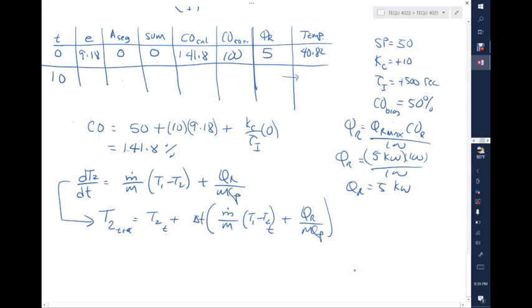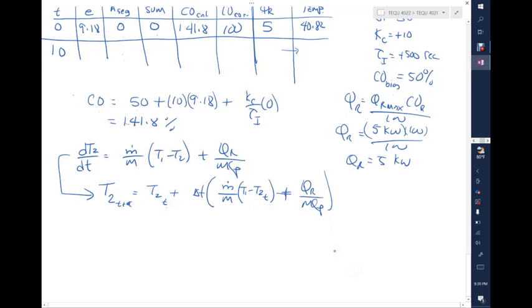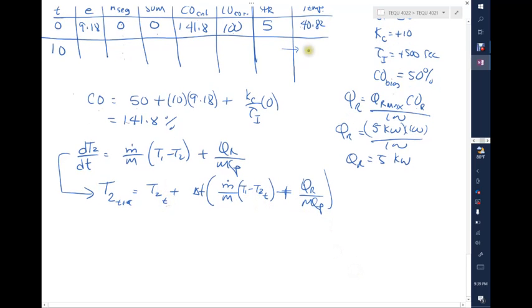All right, so let me write this better so that doesn't look that bad. So this is T1 minus T2 at t, parenthesis, plus QR over mCp. Now, that's the Euler version, and that's the one that I'm asking here.